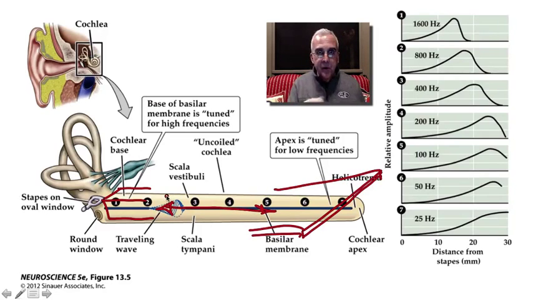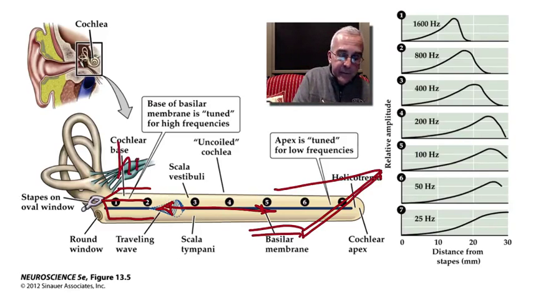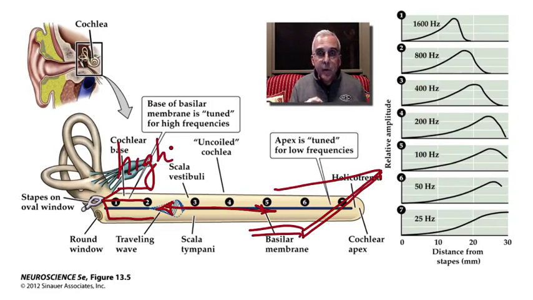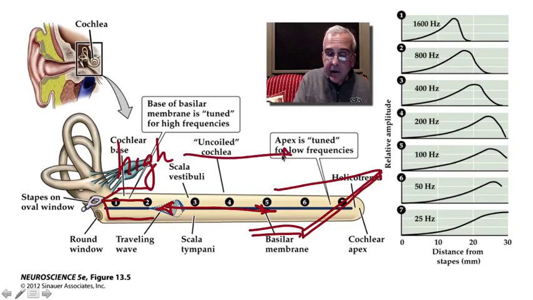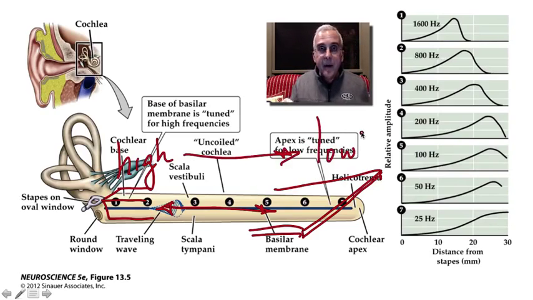And this gradation that we find between the base of the cochlea and the apex allows the basilar membrane to map out in a smooth progression tone, with high frequencies being represented near the base of the cochlea, where the basilar membrane is much stiffer and it will vibrate best at high frequencies, compared to the apex of the cochlea, where the basilar membrane is much more pliable and vibrates best to low frequencies.